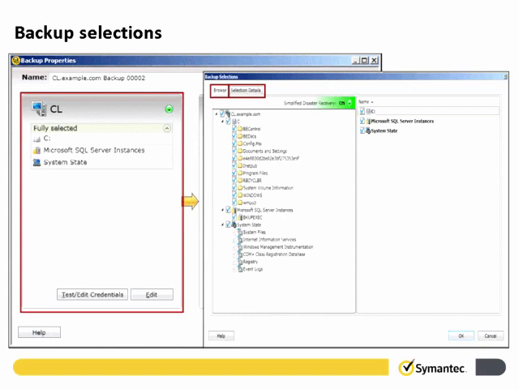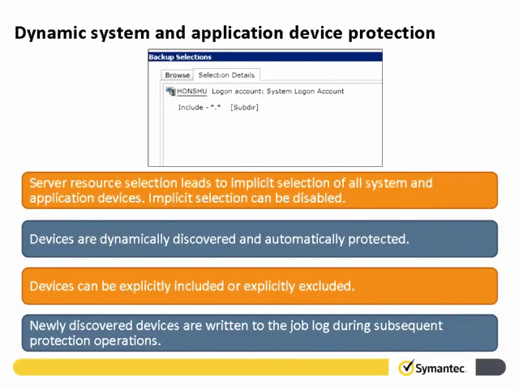When you mark or unmark these boxes, it creates a hard-coded list of what you're backing up and what you're excluding. And that hard-coded list is displayed on the next tab over that says Selection Details. So dynamic inclusion allows us to have an implicit selection. It says at runtime, you told me to back up this server, so I don't care what volumes the server has, I'm going to back them all up.